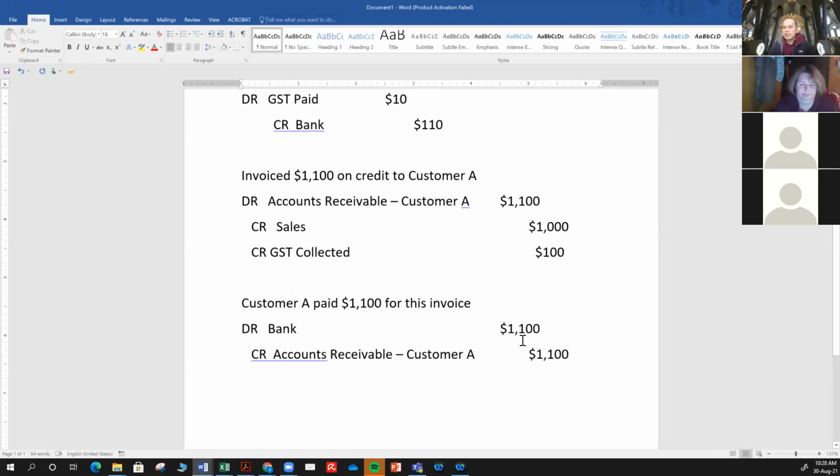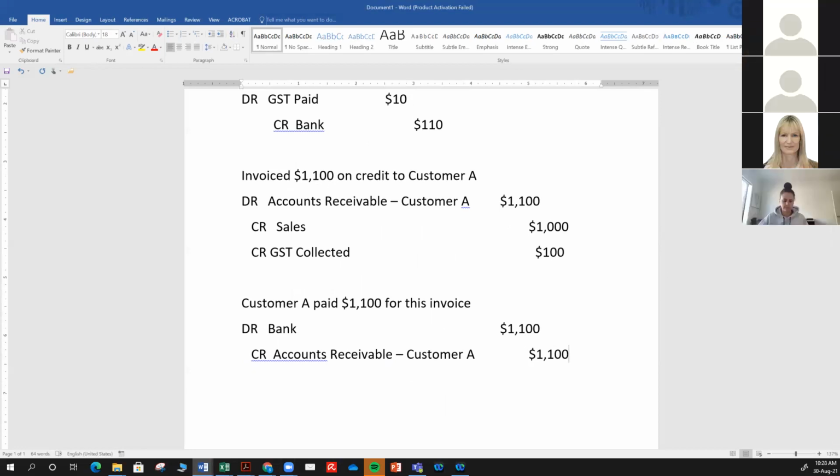Again, I have to emphasize this point. Leonie, you were not in class the other day. GST collected only triggers one entry, when you create the invoice. When a customer pays, there is no GST involved. You debit the whole thing because you receive the amount straight away.